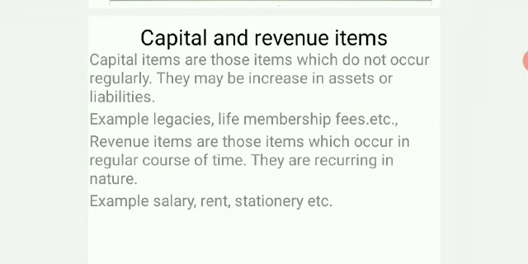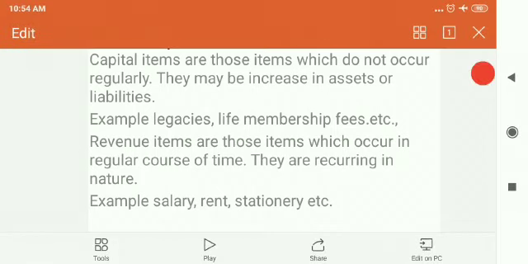They are recurring in nature and they are recorded in the income and expenditure account. Examples: salary, rent, stationery, printing, etc.